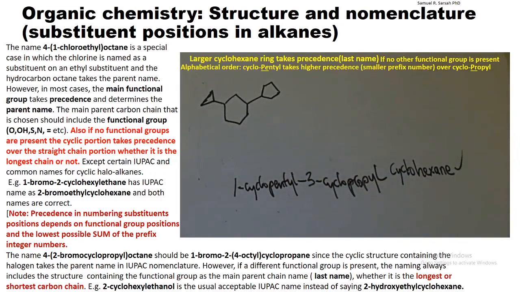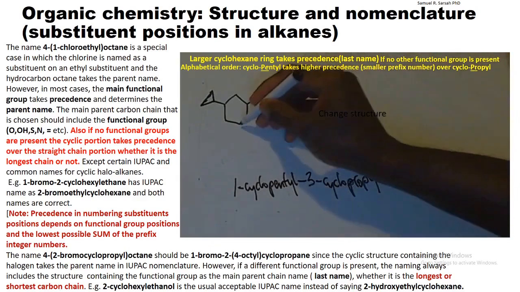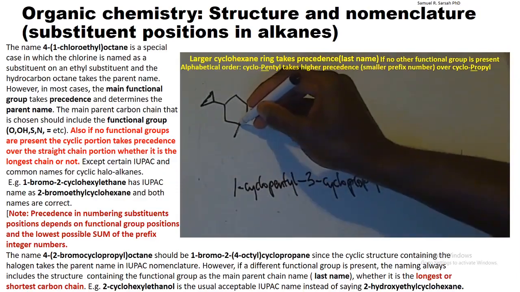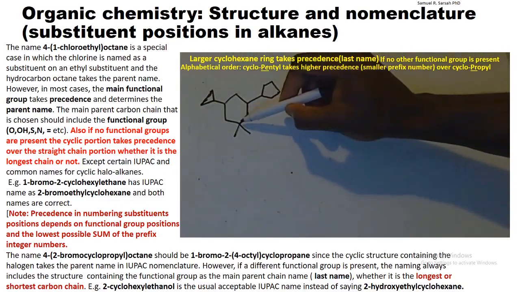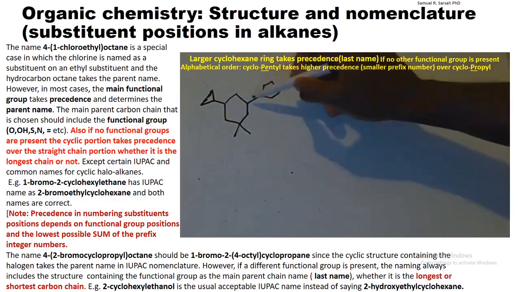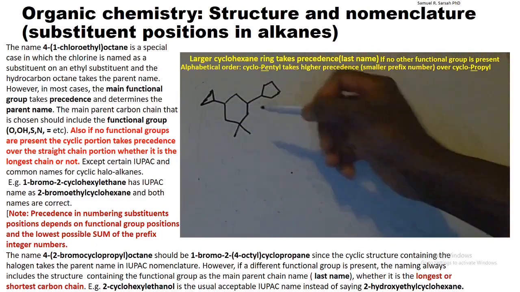Okay. Now let me change the structure slightly. It's got 4 different substituents. So we have 3 parts of the ring that are having substituents.